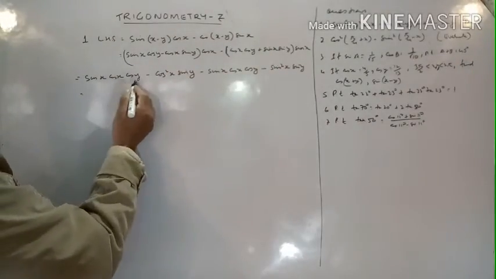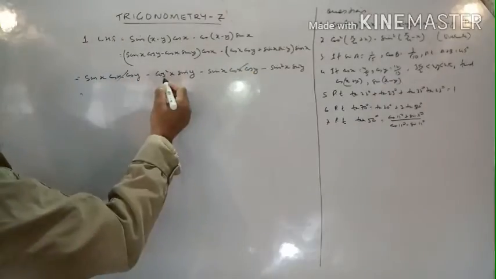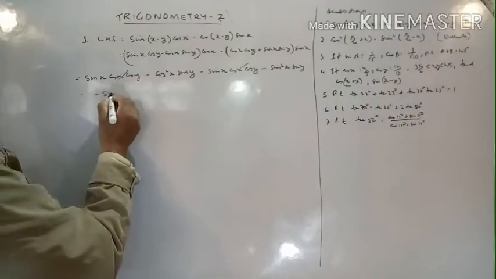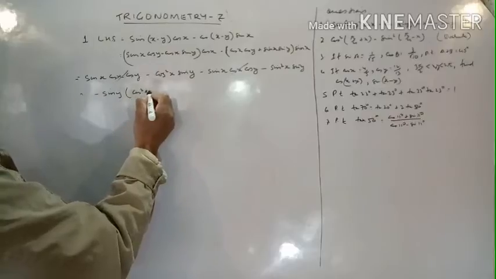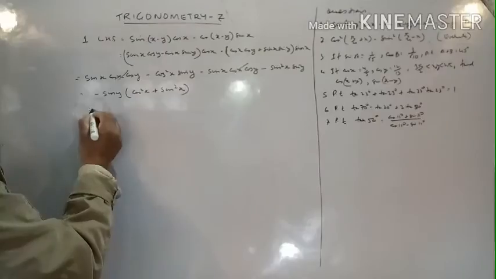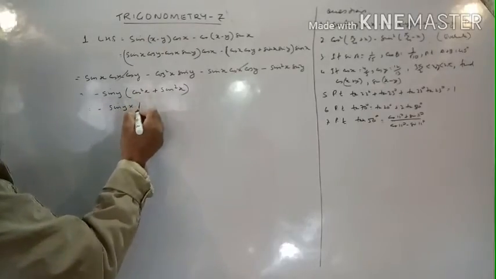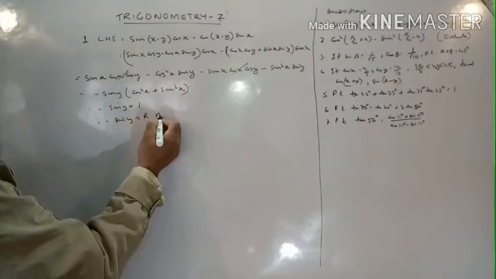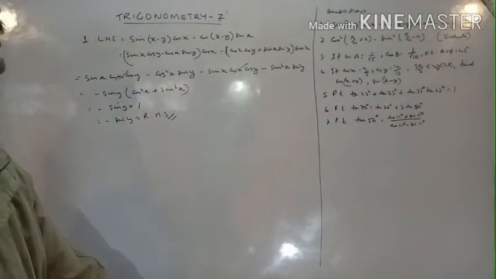So the sine x cos x cos y terms, being plus and minus, cancel. In these two, sine y is common, so if you take minus sine y common, because both are negative, we get minus sine y into (cos square x plus sine square x). Cos square x plus sine square x is 1, so it equals minus sine y, which is the right hand side. So this is good.